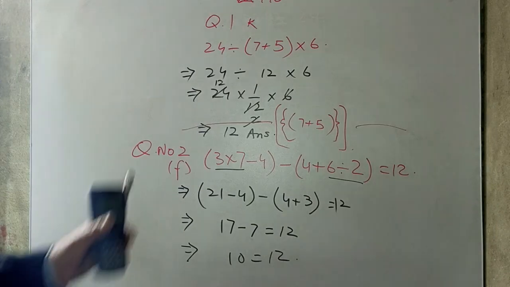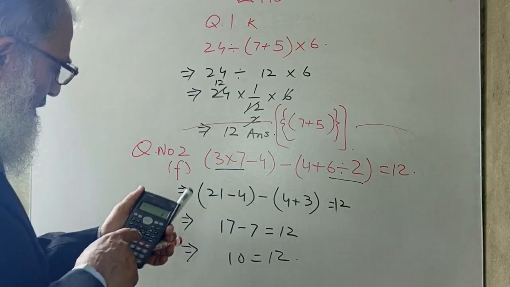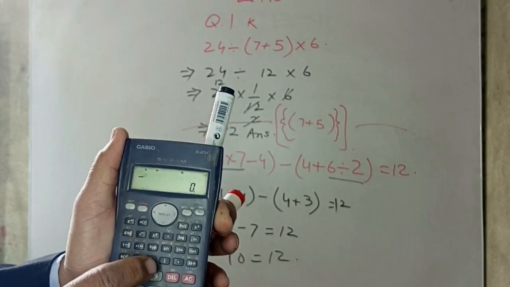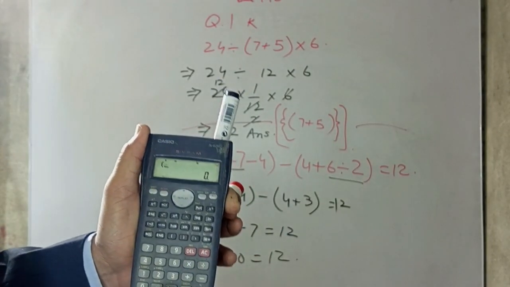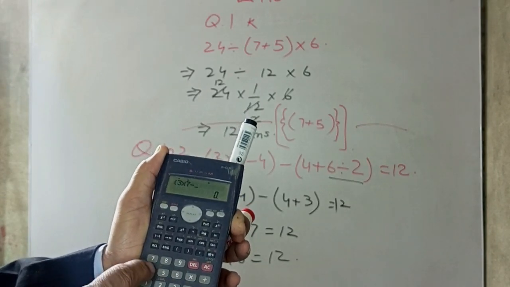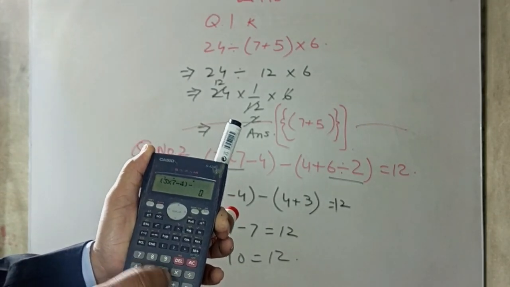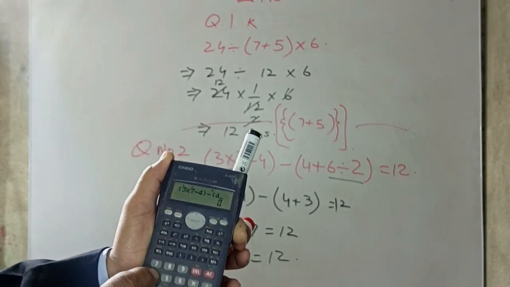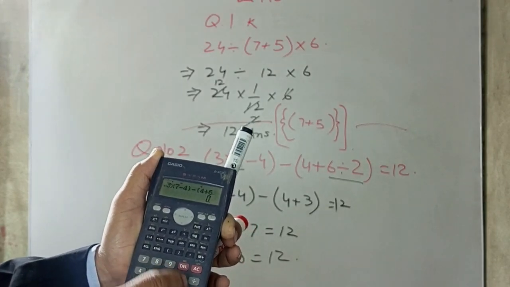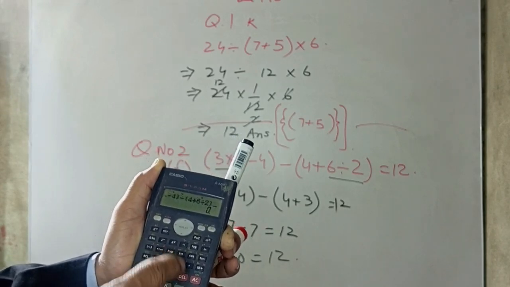Now let me check it with the help of this calculator. What I have to do is, first of all I'll press this bracket, 3 multiplied 7 minus 4, close this bracket, again minus 4 plus 6 divided 2 bracket close.